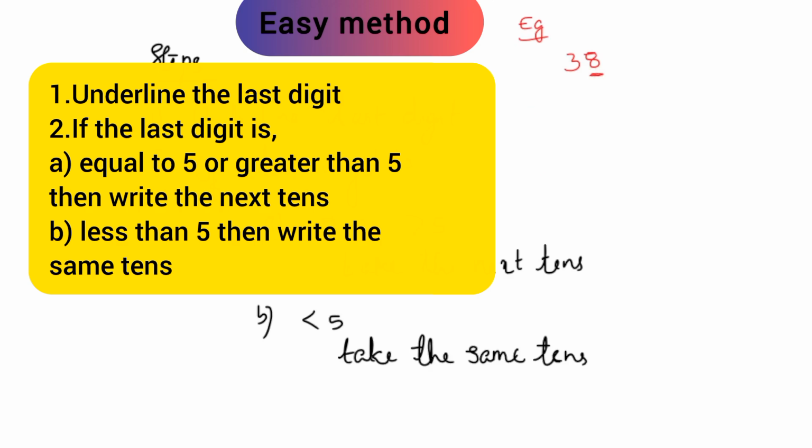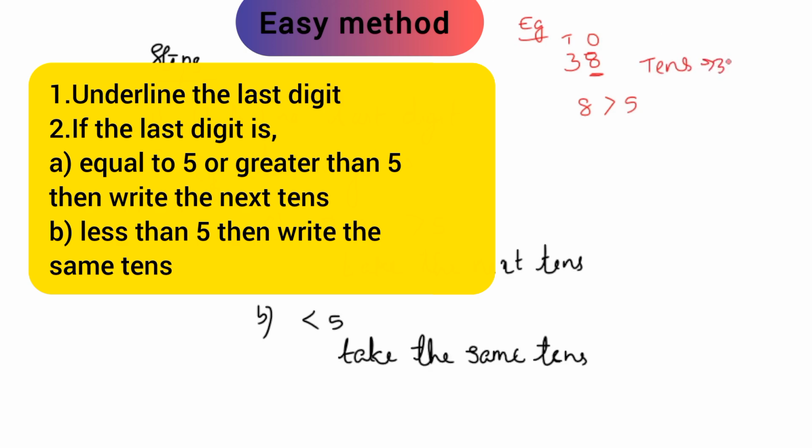Then what is the next step? Yes, compare the last digit with the number 5. You can see that here 8 is greater than 5. So what do we take? If the last digit is greater than 5, we have to write the next tens. Here the tens place digit is 3.